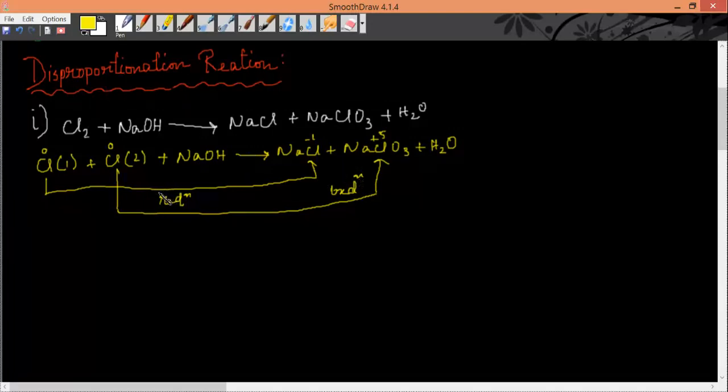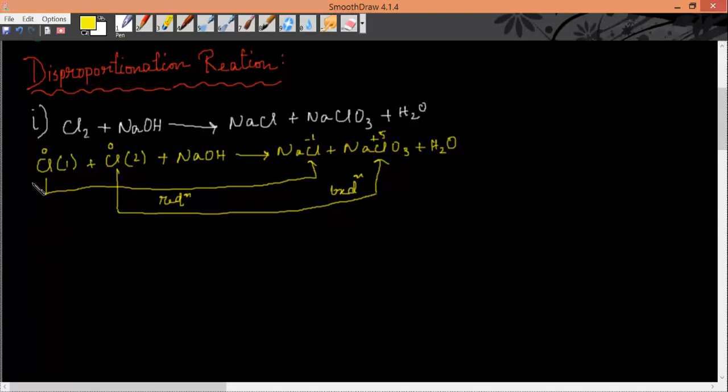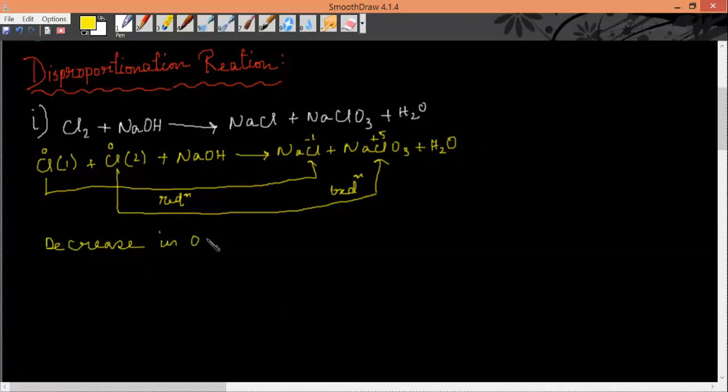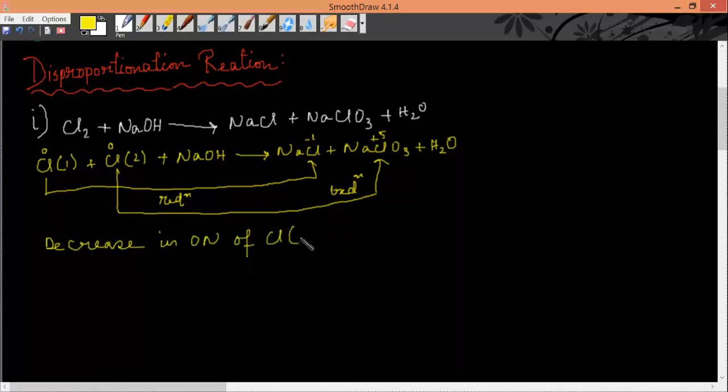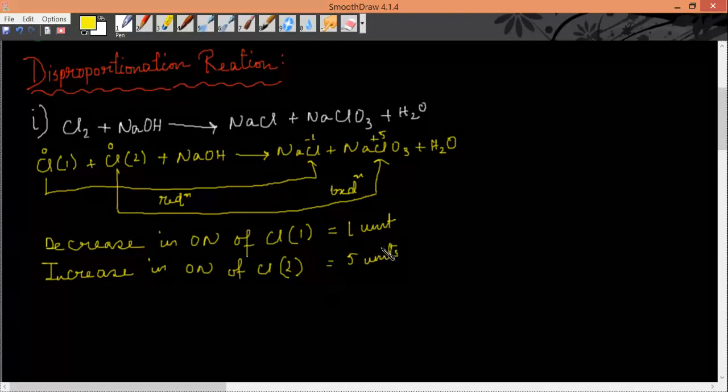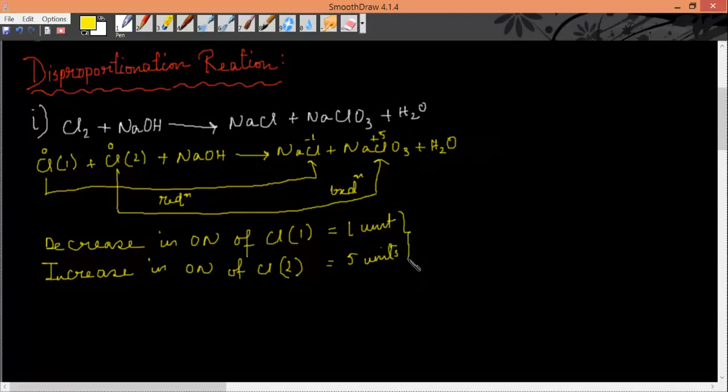Now we have to find the increase and decrease in the oxidation number of these chlorine atoms. The decrease in oxidation number of Cl is equal to 1 unit, and the increase in oxidation number of Cl is equal to 5 units. Okay, because from 0 to +5.